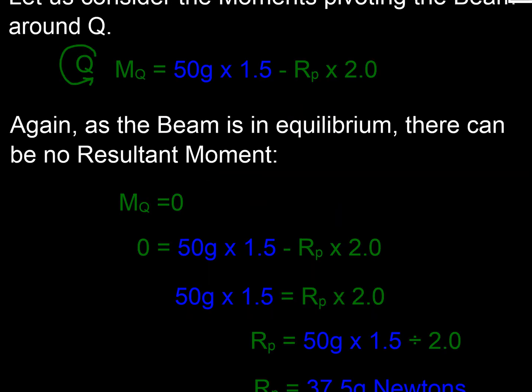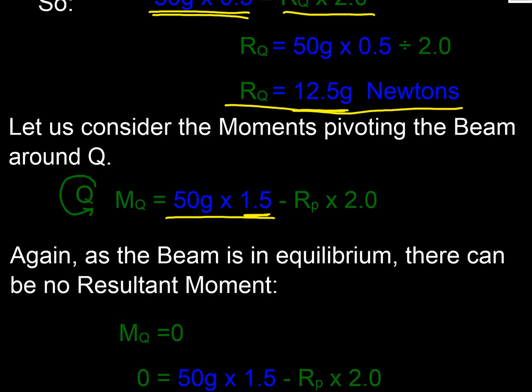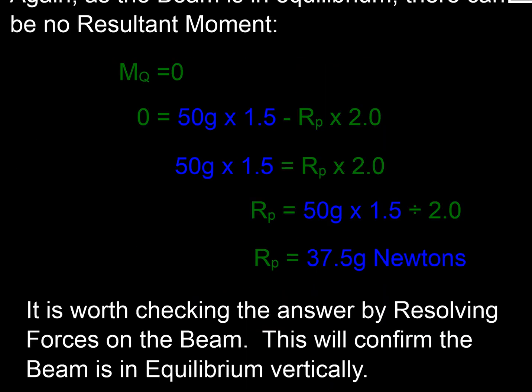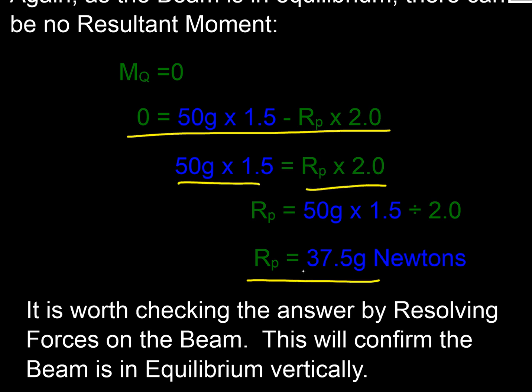Here we go, which is the weight and the distance it is from Q, and then I can look at the reaction force at P and the distance from Q, that's 2 meters again. Again, if it's 0, I can just go in the equation for that, or balance the two moments, and that allows me to find that the reaction force at P is going to be 37.5 g, and that's in newtons.